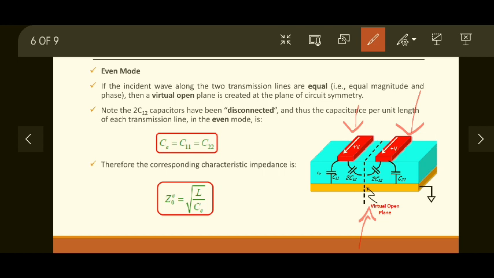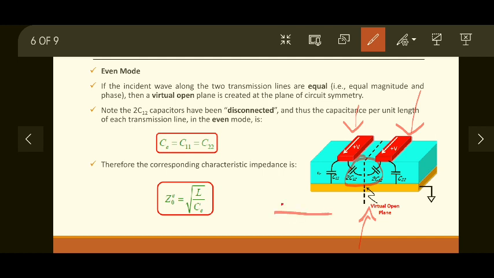So what happens because of this? What will be the capacitance of each half of the coupled line? Note that the two C12 capacitors have now been disconnected. There is no connection towards the ground or towards the excitation directly. Thus the capacitance per unit length of each transmission line remains only C11 or C22. As these two are disconnected, they will not be considered. These are open circuited.